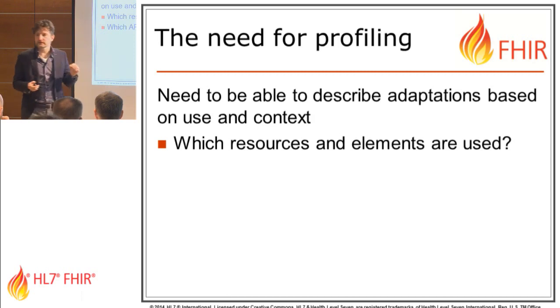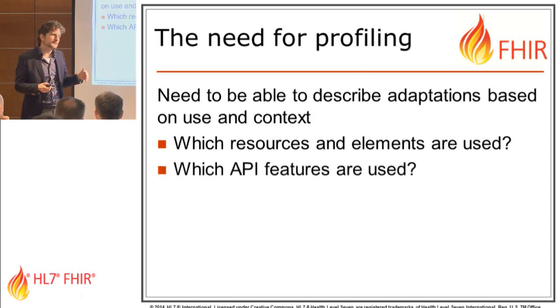Which API features are used? Many times when I talk about profiles, I must admit I'm always talking about the data. So I'm taking out this element, I'm doing this. But the FHIR API in itself is actually much the same as the data. We have described lots of ways to search through a patient on the REST interface. But maybe for your use case, you don't need all of them.